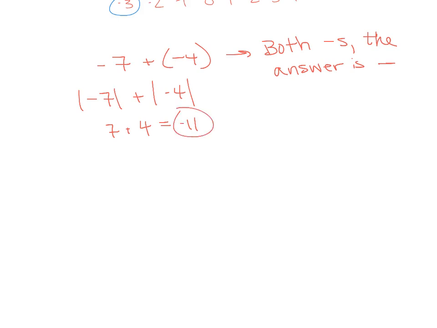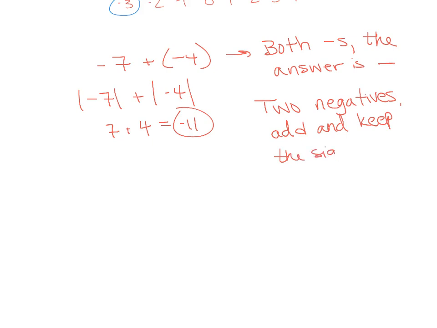So, if you have 2 negatives, you add and keep the sign of the larger number.